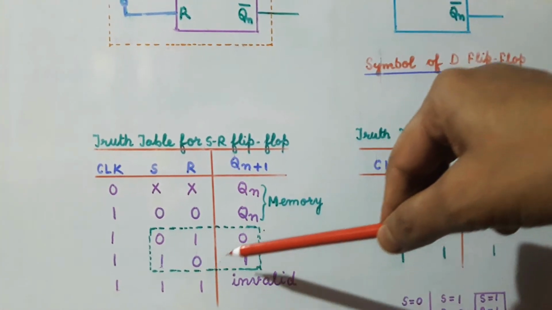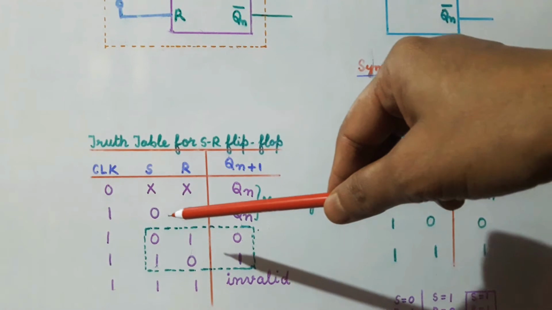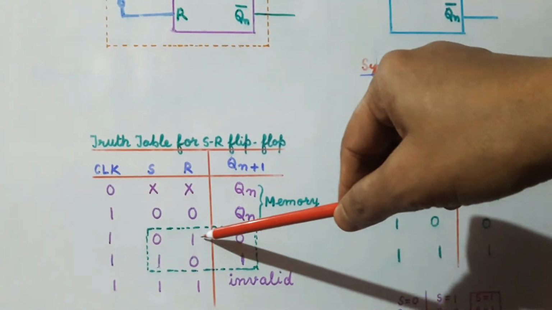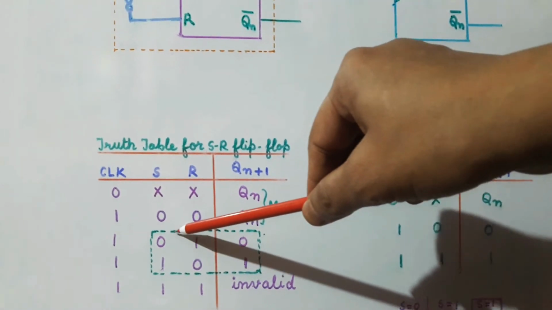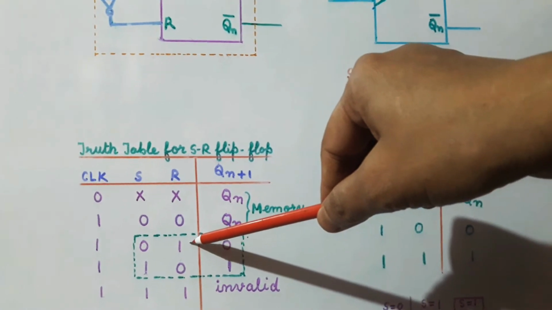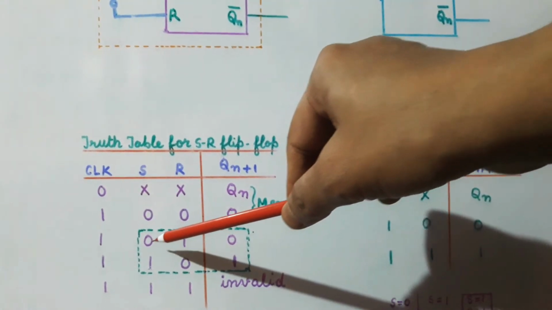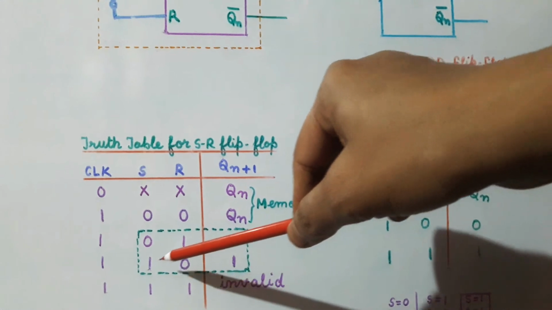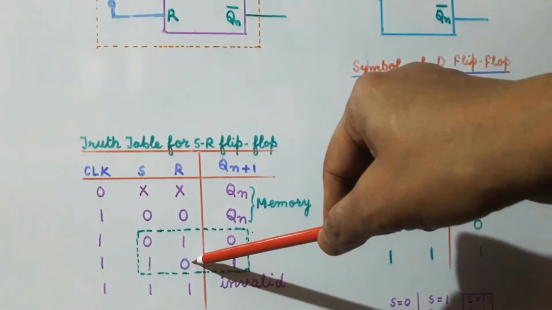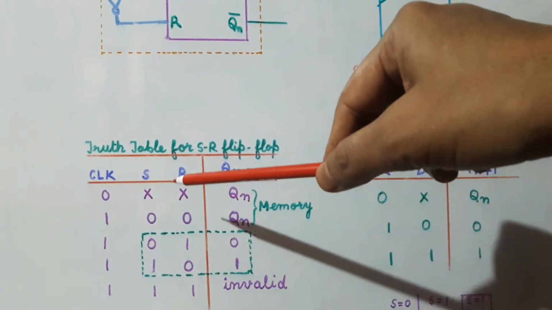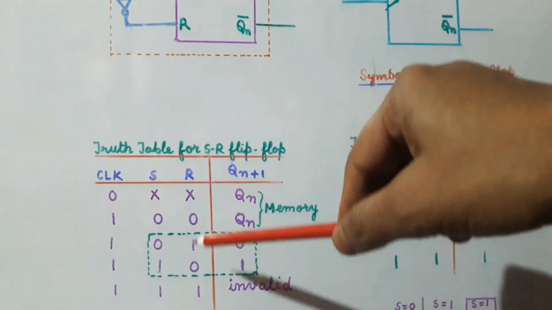Also, on observing this truth table, we see that the inputs S and R are always complement to each other. That is, when S is 0, R is 1, and when S is 1, R is 0. So, there is no need to give this S and R inputs individually.